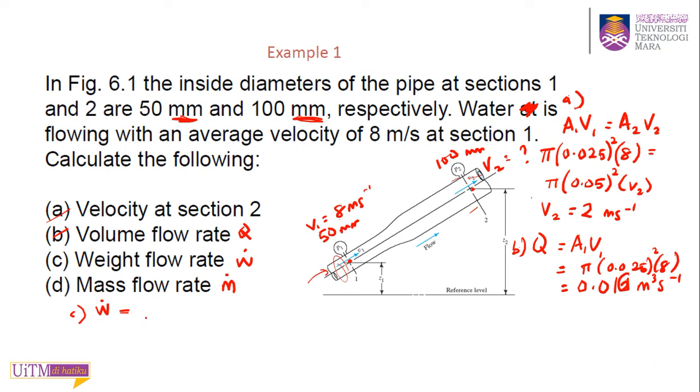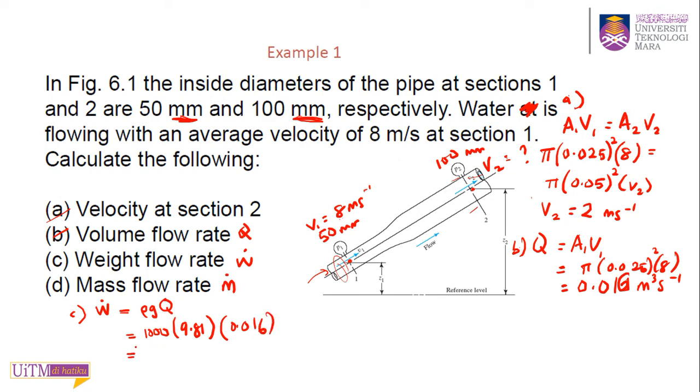Rho g Q. Alright. So the rho, they give you here is water. You can use water 1000 times g times 9.81 times Q. So you already found your Q. What's your Q here? 0.016. And this should give you the answer.